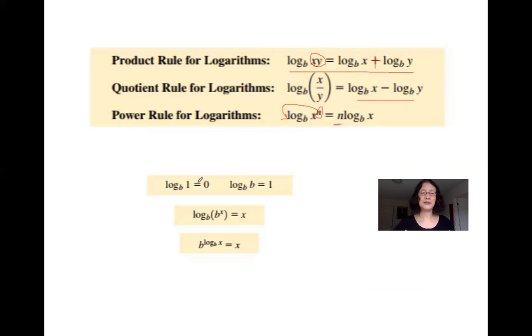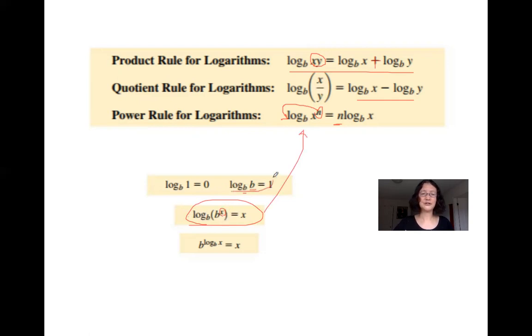And other properties include: log of 1 equal to 0. If the base equals the argument, the same number, it is equal to 1. Okay. And for this one, it is actually a special case of this one. So you just move the power x in front of the log.